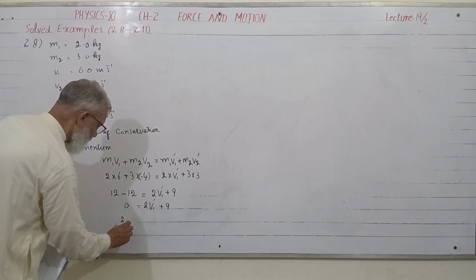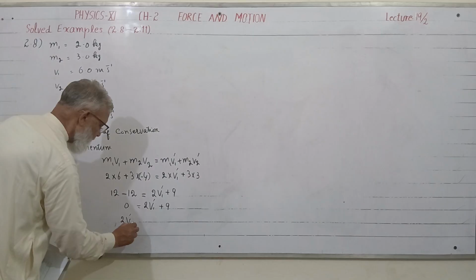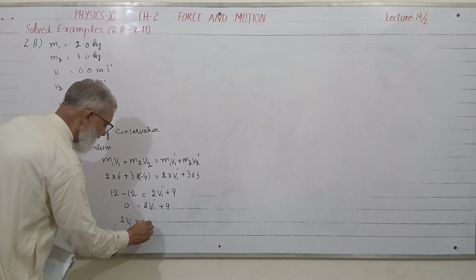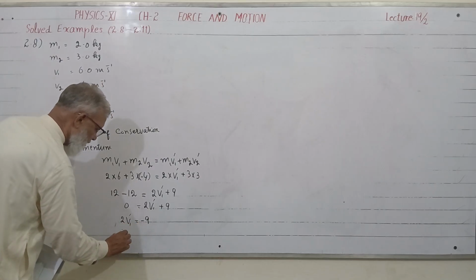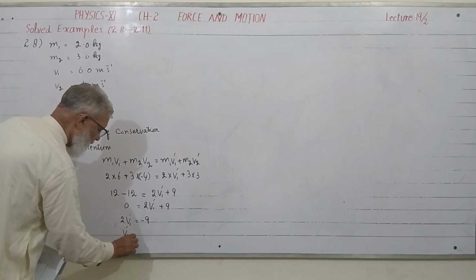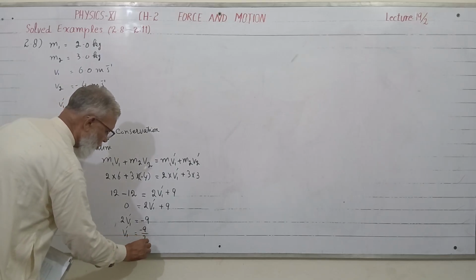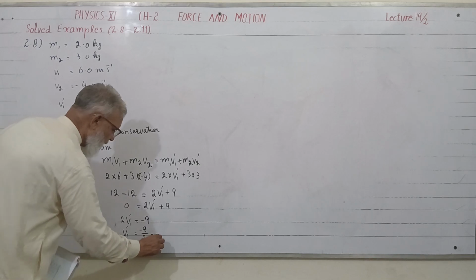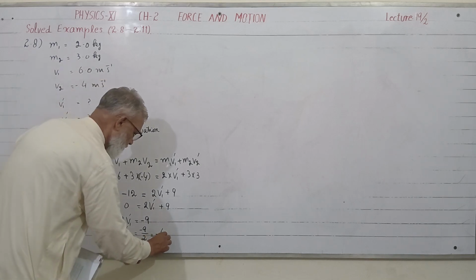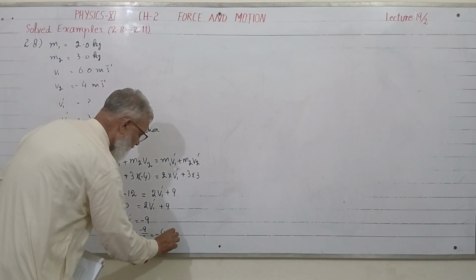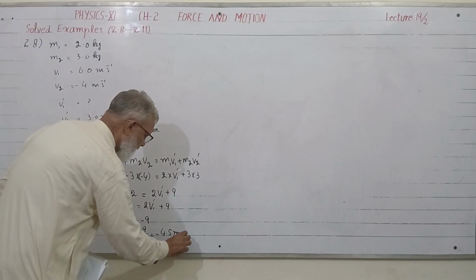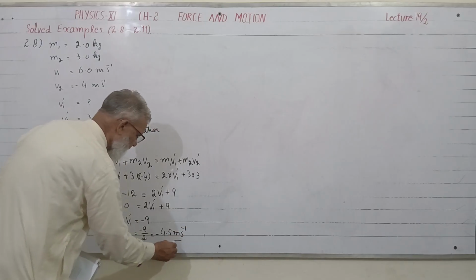2 V1 prime is equal to minus 9, and V1 prime is minus 9 over 2, which is minus 4.5 meter per second.